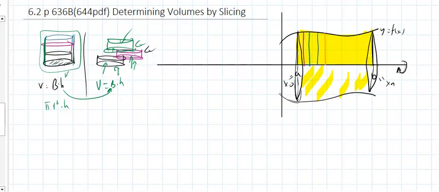Well, if I take x sub 1, if you look at this piece, it's going to create a cylinder where the radius is x sub 1.